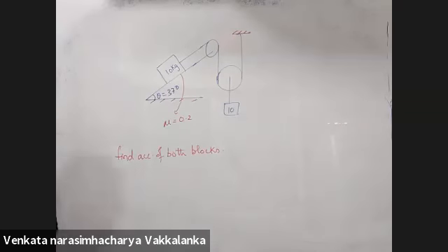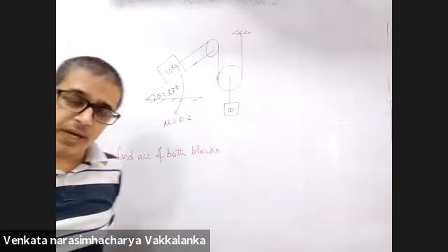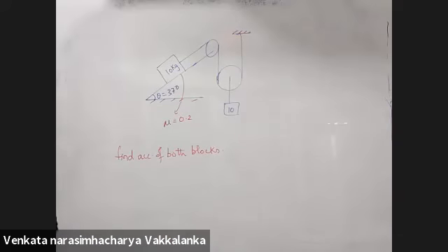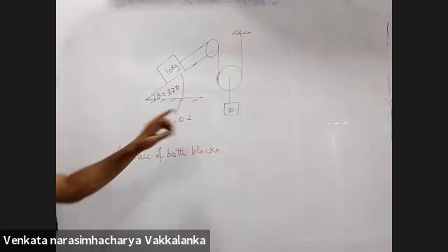Somebody is asking if mu is static or kinetic, it's the average. So you can take mu only one for both in these cases. When only one mu is given, you don't need to worry about the two. That means the difference is in the second decimal place.